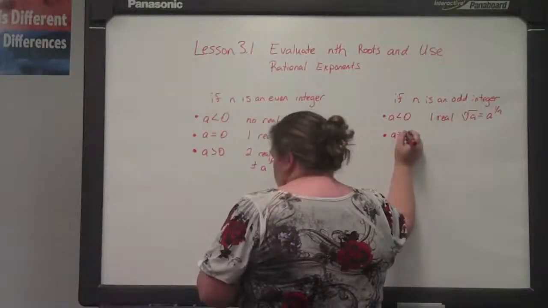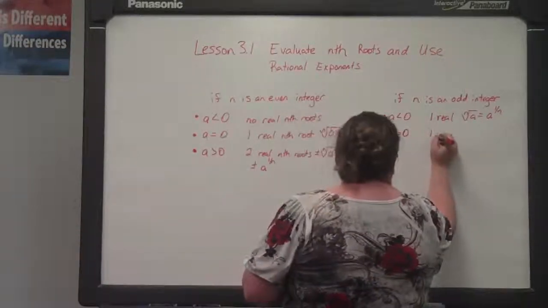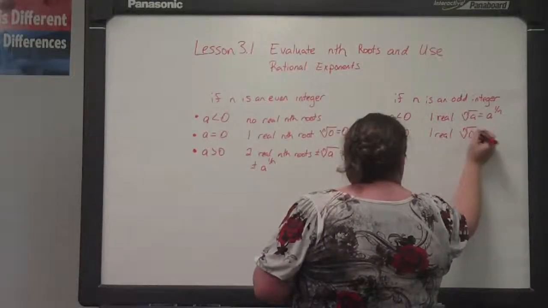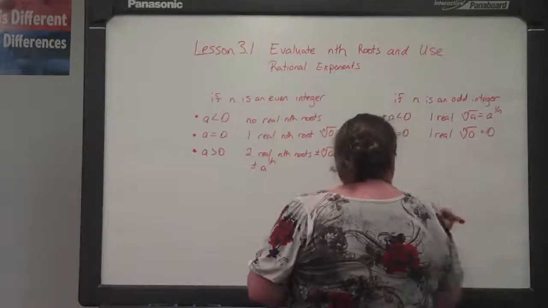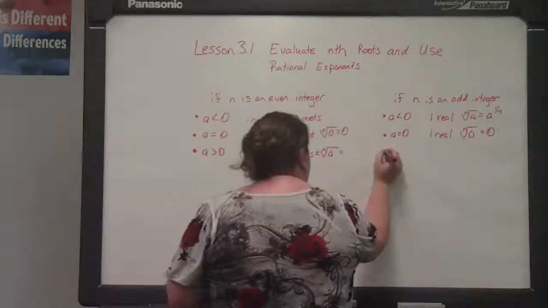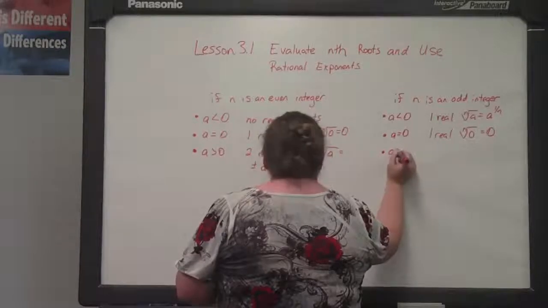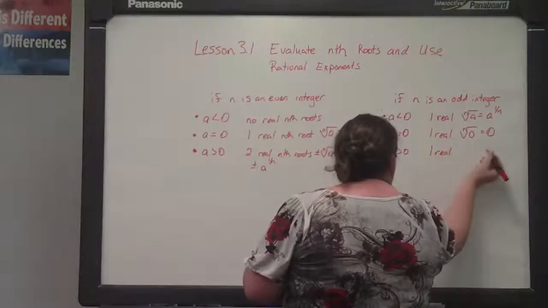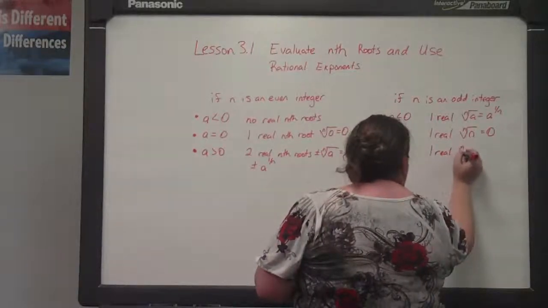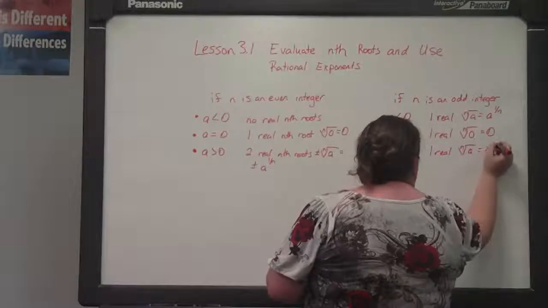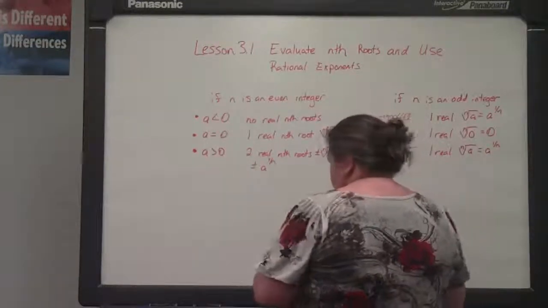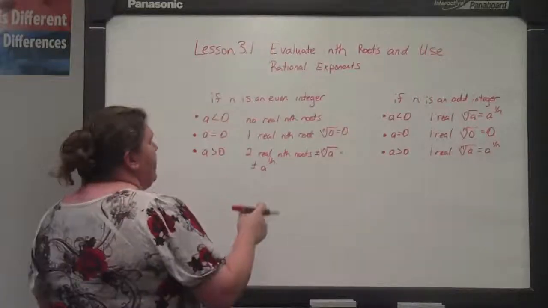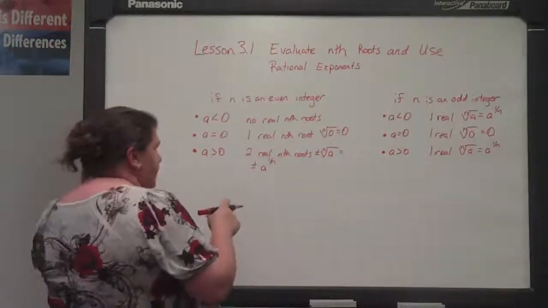If a equals 0, you have one real, and this time the nth root of 0 is 0. And then again, when a is greater than 0, we still have one real, the nth root of a, again a to the 1 over n power. So those are the properties to look at when we're evaluating the nth roots.